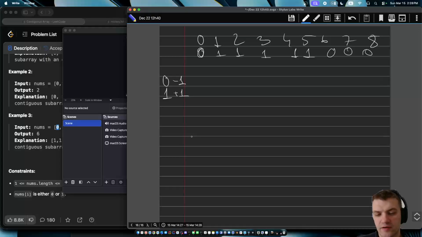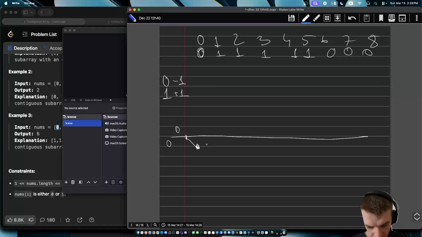So I start from 0 and I decrement by 1 for the first 0. Then I have 1 and I increment by 1, and you see that the balance is now 0, so the longest subarray so far has length 2, with the same number of zeros and ones.